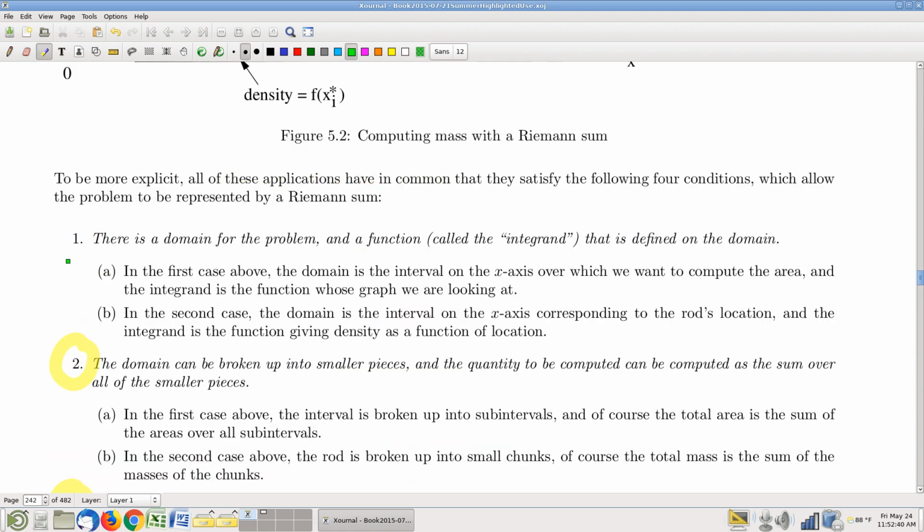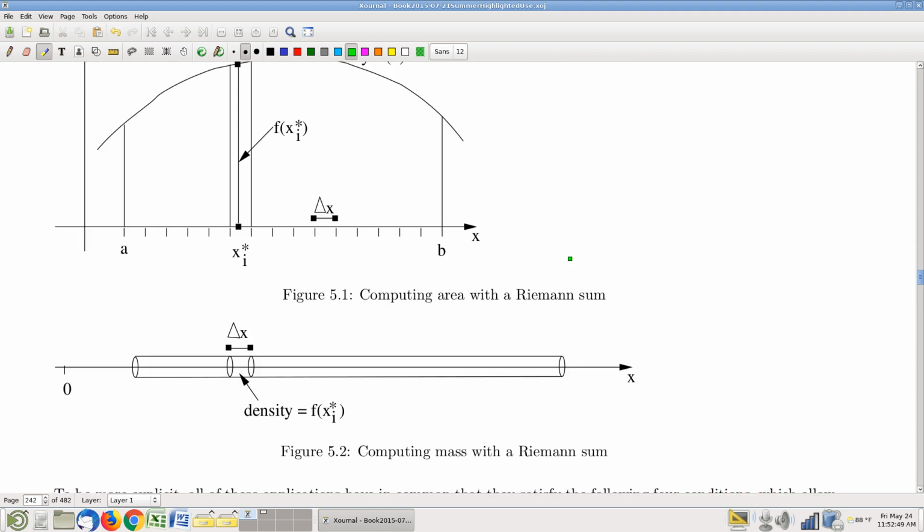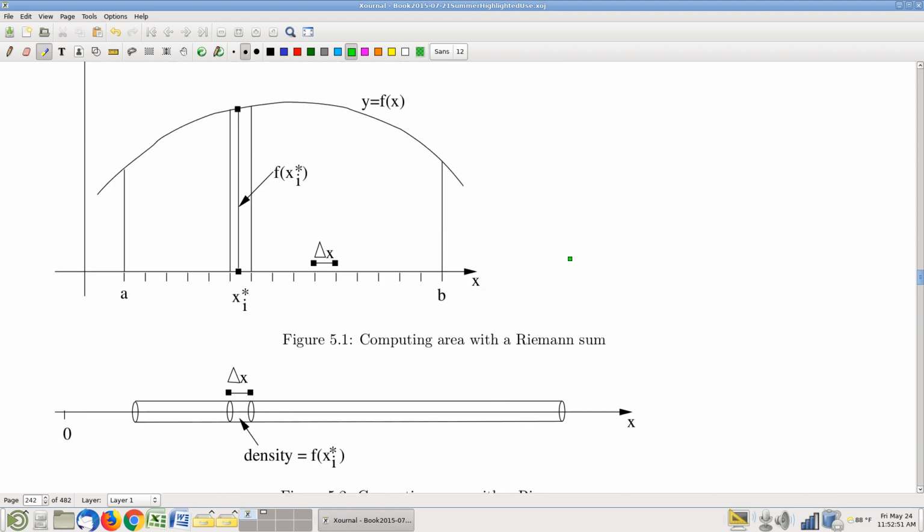For each of those examples we just looked at, there's something called the domain, and there's a function called an integrand. So here in the area question, there's the domain, there's the integrand. For this mass on a rod question, there's the domain, there's the integrand.